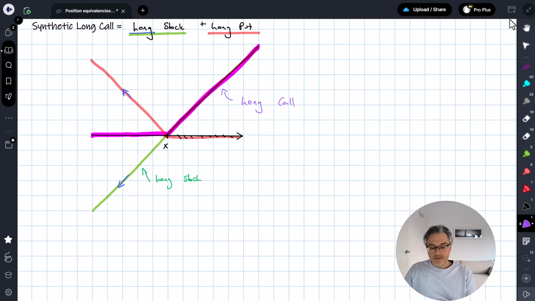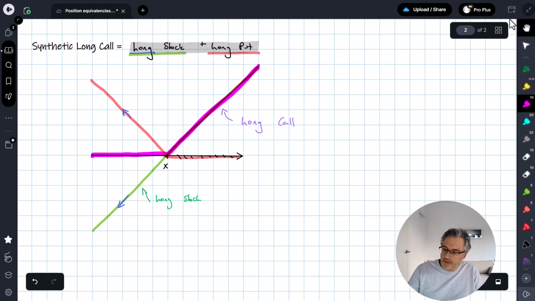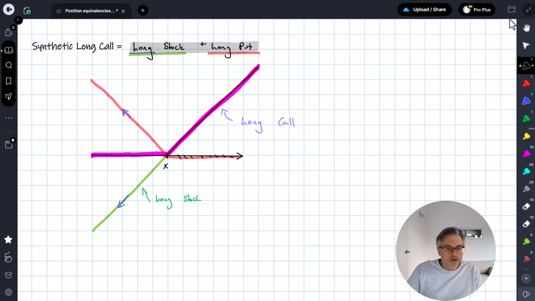And in fact, you should also perhaps realize, and we'll have a separate video on this in a very short while, that when you hold a position in the underlying, like a stock, and you combine that with a long put, that is typically referred to as a protective put.